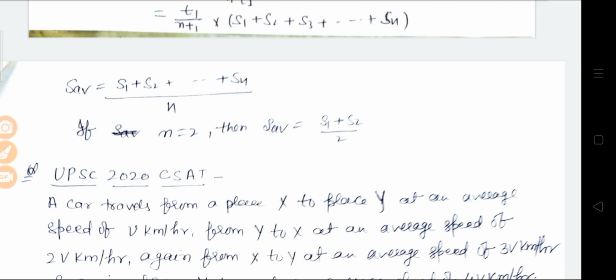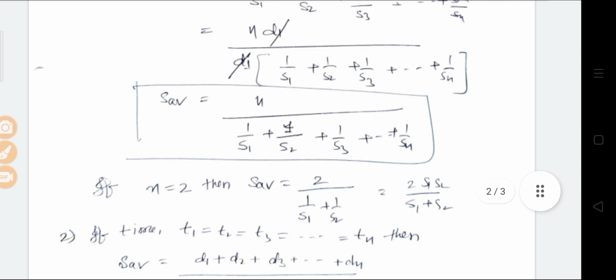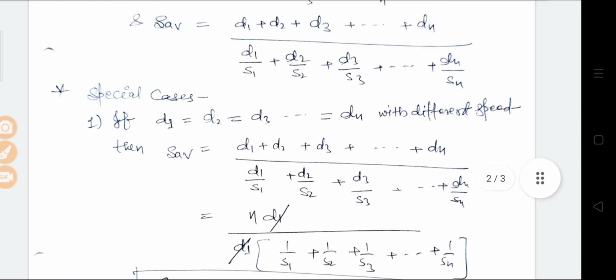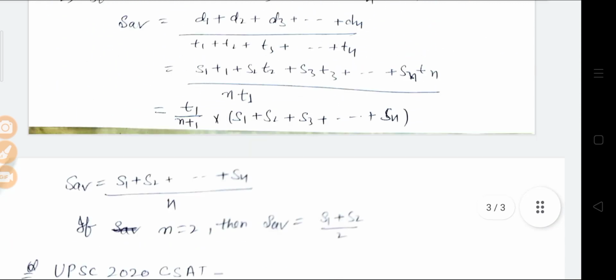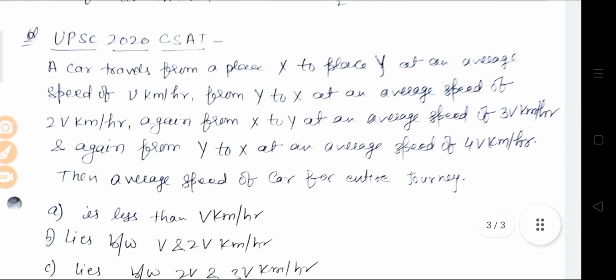Okay. Now here we can find a question. This question came in UPSC 2020 CSAT, and this question is a special case of the first one. You can solve this using special case one. So what is this question saying?